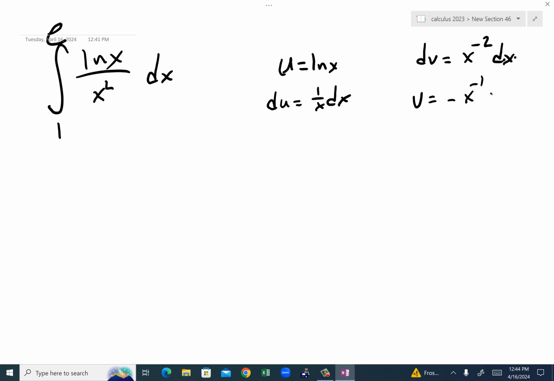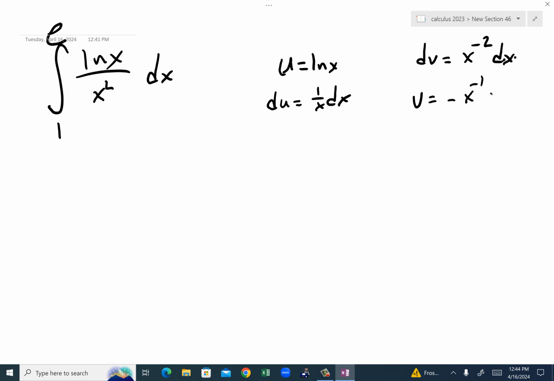Negative ln of x times x to the negative first. Plus the integral of x to the negative first times 1 over x.